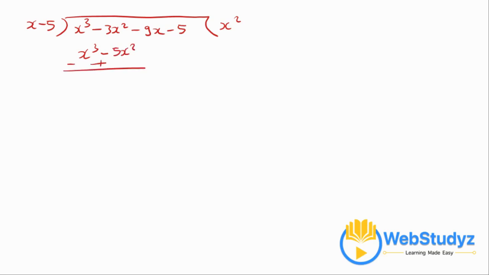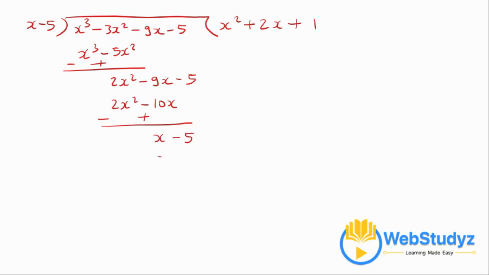Subtracting this, we get 2x square minus 9x minus 5. Now again dividing by taking quotient as 2x, this will be 2x square minus 10x. So subtracting this we get minus plus, so this will be x minus 5. Now taking the quotient as 1, this will be x minus 5, which will be equal to 0.